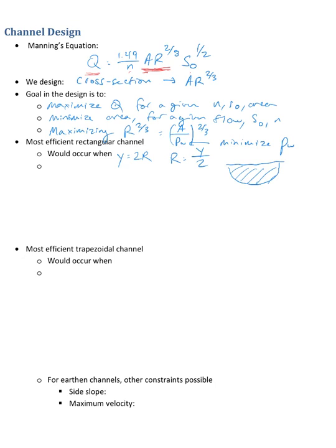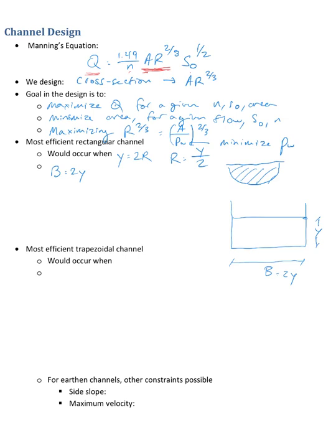And for a rectangular channel, we'll draw it down here. Here's y, our depth, and here's b. It turns out in order to get y equals 2r, you need b to equal 2y. Okay?